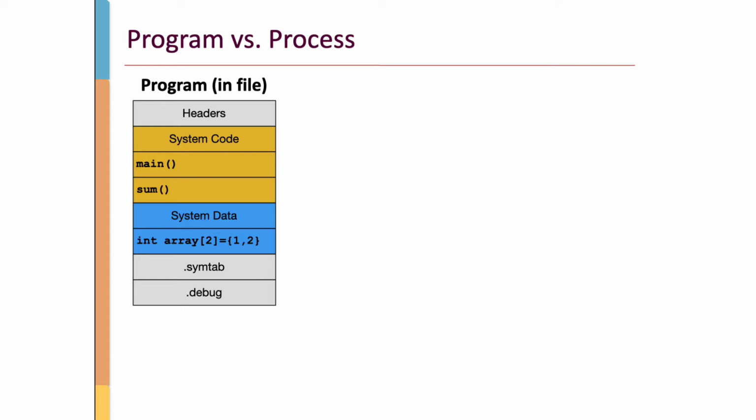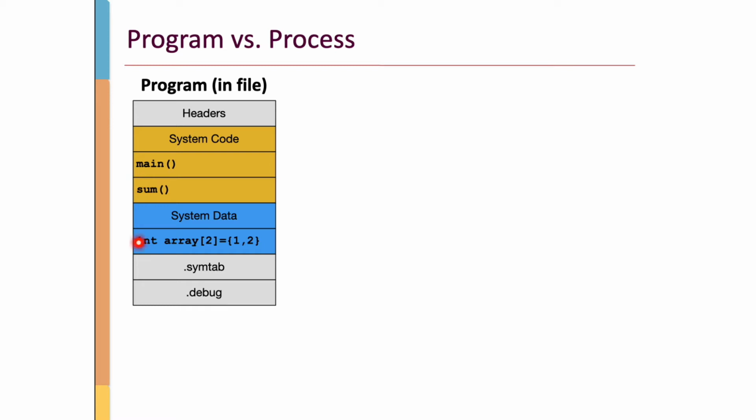We've been alluding to the structure of the files that contain these executable programs. In that program file, there's going to be some header information that talks about what's there, how it's structured. There's going to be the code that we're actually providing in our sources, so main, and then some function here called sum, and there'll be a bunch of other pieces of assembled assembly language or machine language in this file that represent our source code.